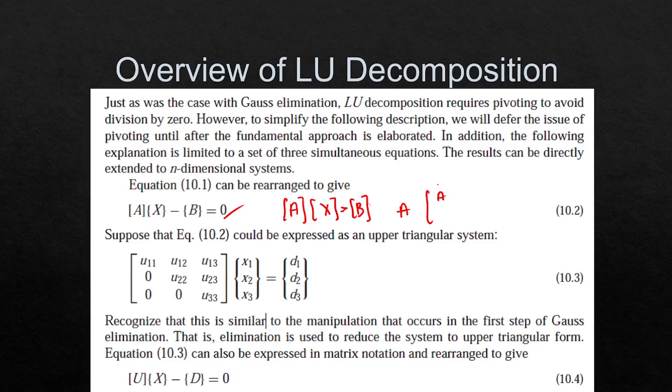For this one, you have U11, U12, U13, U21, U22, U23, U31, U32, then U33. So the first thing you have to do is make an upper triangular system.